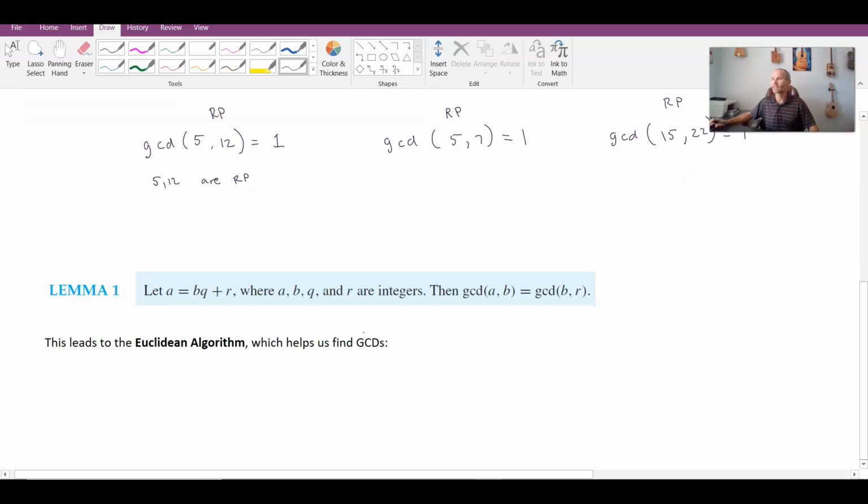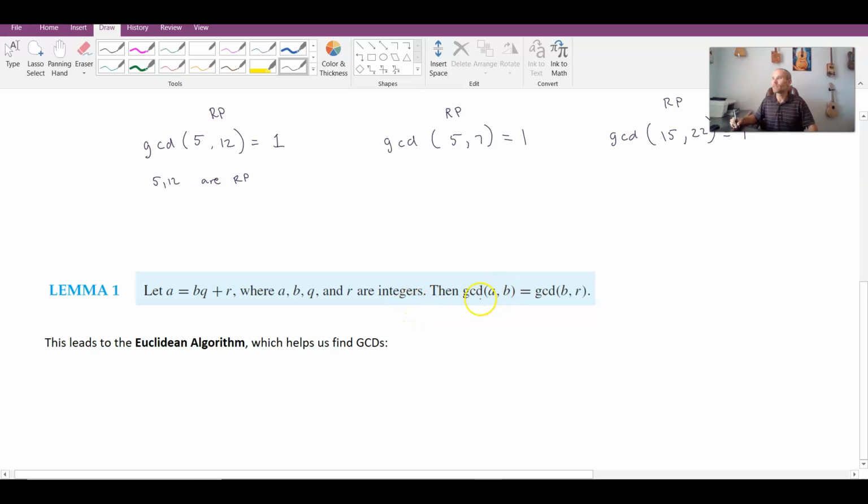Now here's an important lemma, or really the result of some theorem, important in and of itself, that is derived from another theorem. So let A equal BQ plus R, where A, B, Q, and R are integers.